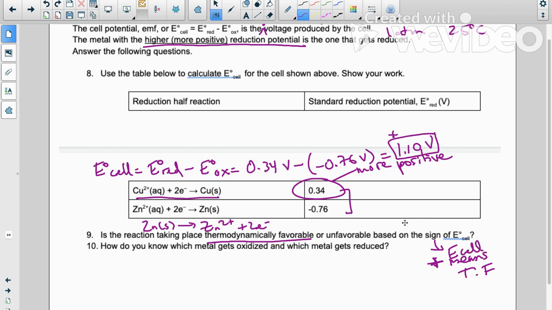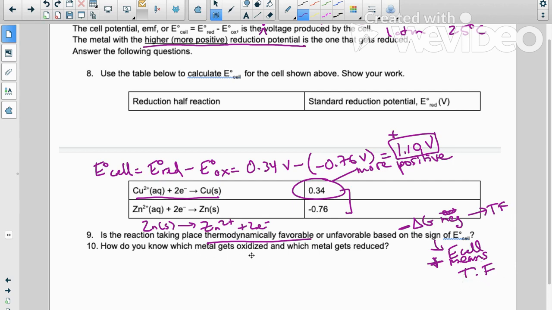Now recall that negative delta G is thermodynamically favorable. So negative delta G is thermodynamically favorable, and E cell positive means it's thermodynamically favorable.